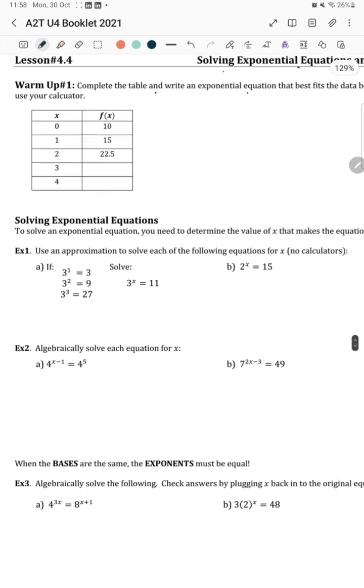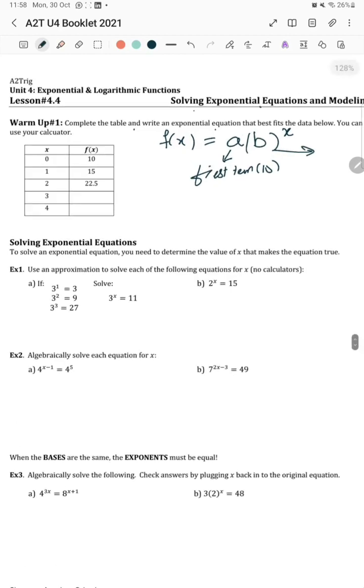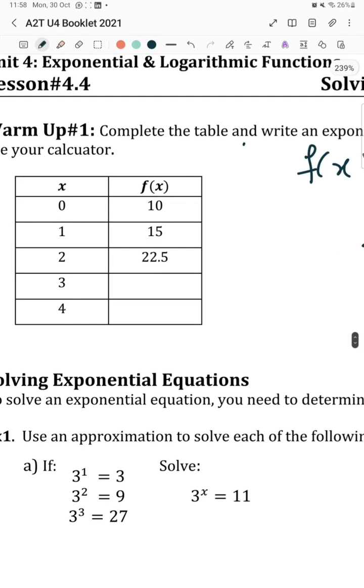So the formula to find the exponential equation is f of x is equal to a b to the power x. So what is a? It is the first term, and the first term here is 10. And what is b? B is the exponential growth. So we will find the exponential growth like this: between 10 and 15 it's 15 divided by 10, which is equal to 1.5.